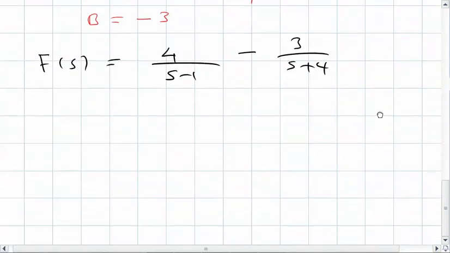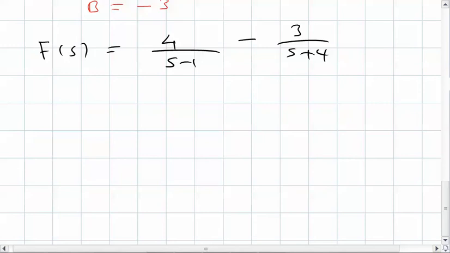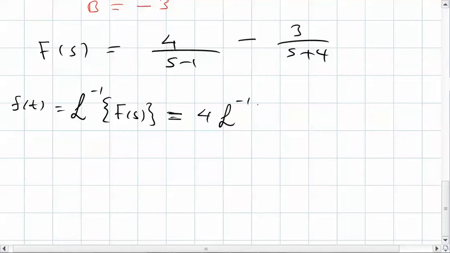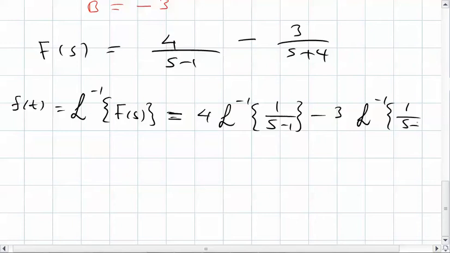So now if I want to do the inverse Fourier transform of this function, therefore our f of t is the inverse Fourier transform of f of s, which is going to be 4 times the inverse Fourier transform of 1 over s minus 1 minus 3 times the inverse Fourier transform of 1 over s plus 4.